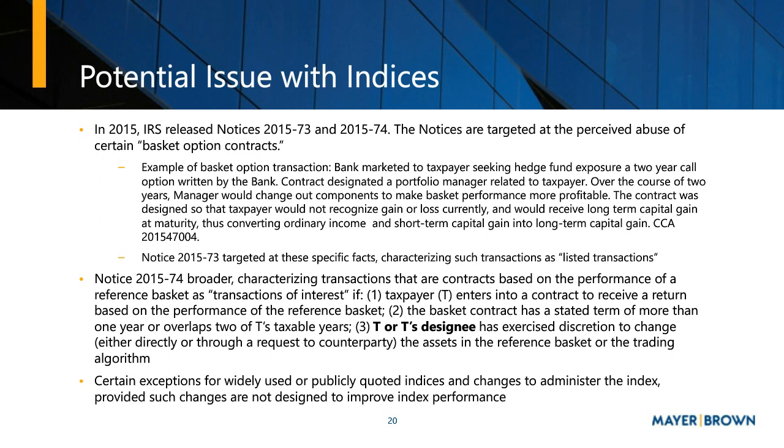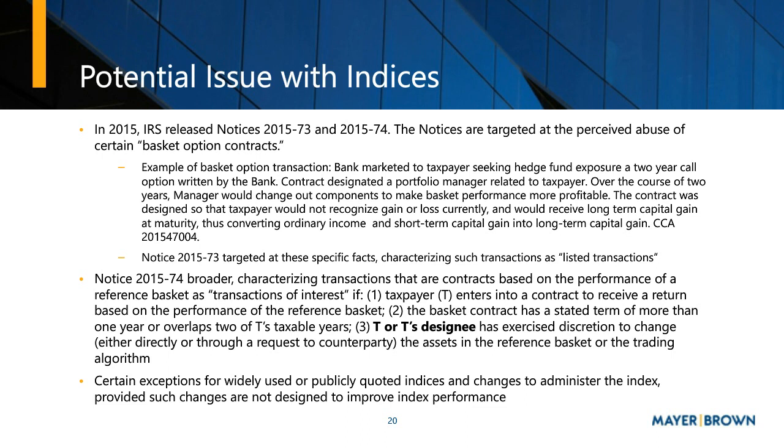The basic example, or what triggered the notices, is a bank marketed to a taxpayer a call option that lasted a couple of years over a set of hedge funds. The contract designated a portfolio manager related to the taxpayer, and over the course of a couple of years, the manager would change components in the basket to try to make the basket more profitable.